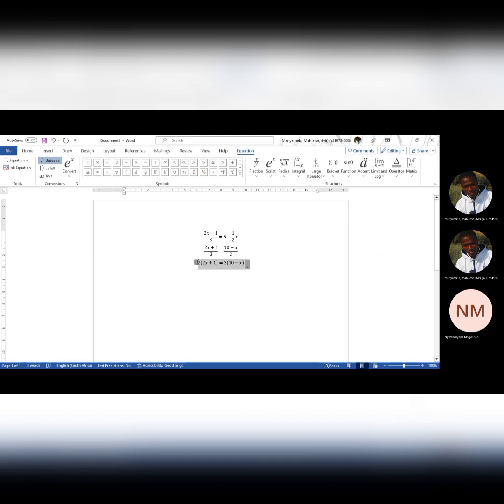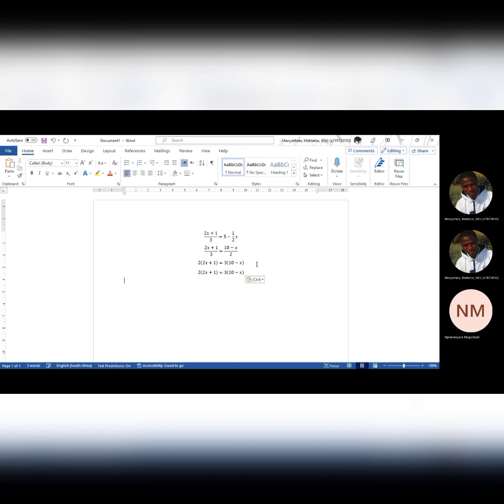Meaning we open the brackets. This side, 2 times 2x, which is 4x, then 2 times 1, which is 2, and then this side, 3 times 10 is 30, minus 3x.